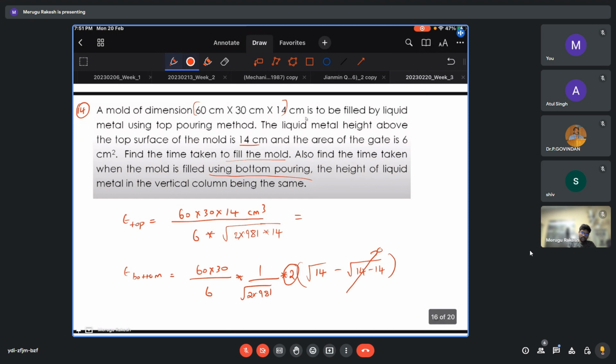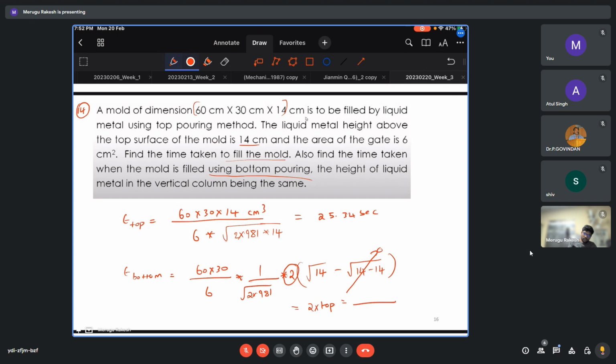So if we get top, the bottom is just twice the top. So I'm getting 25.34 seconds.